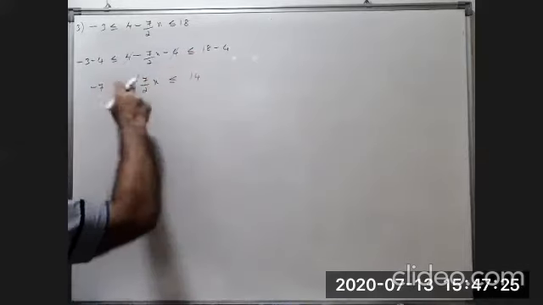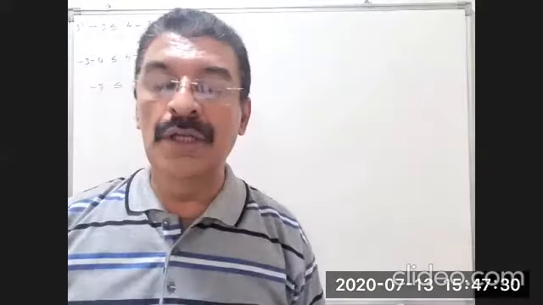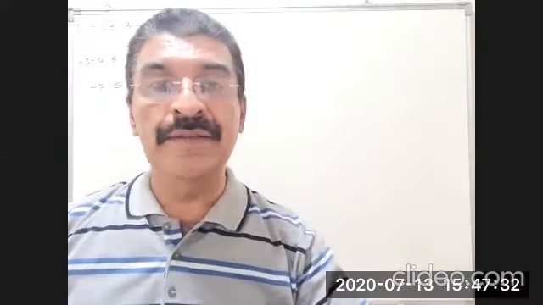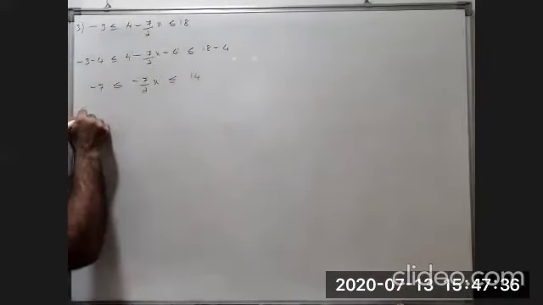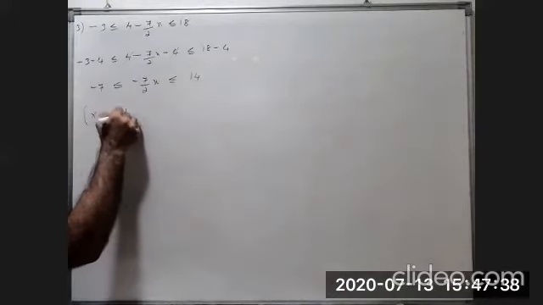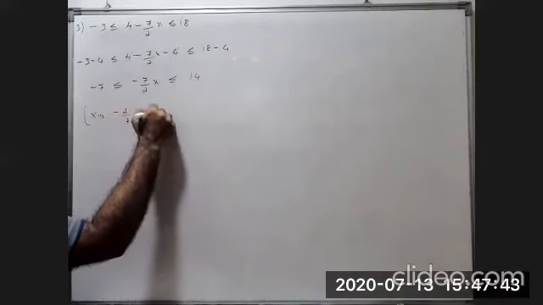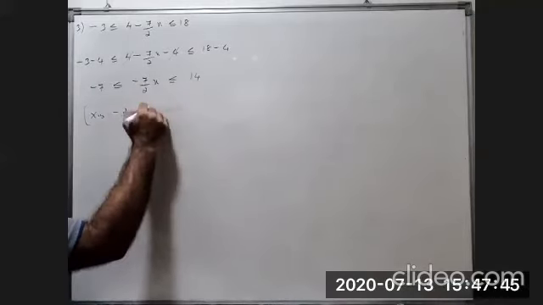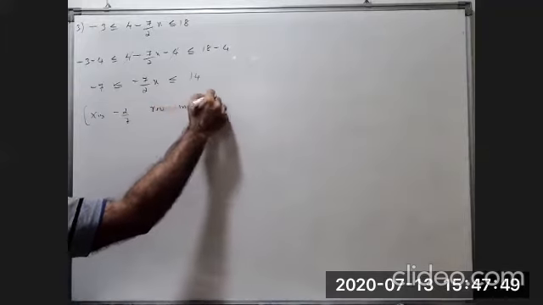less than or equal to 14. Again, to get rid of -7 by 2, instead of dividing by -7 by 2, multiply with -2 by 7. Multiplying by negative, reverse the inequality.